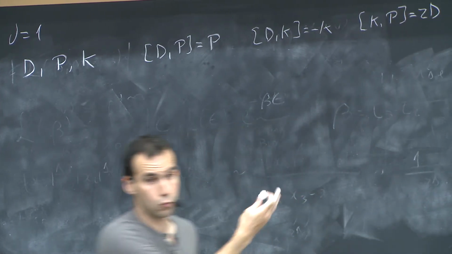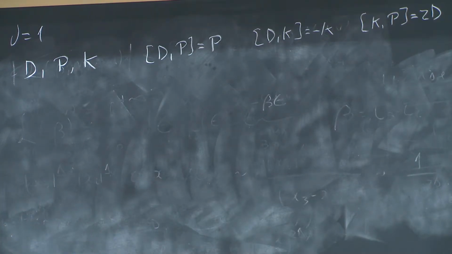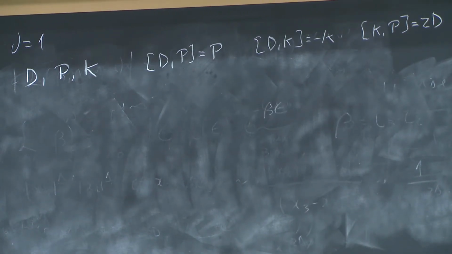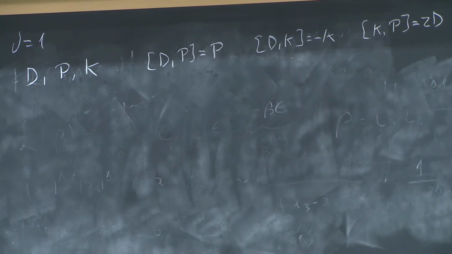So this is SL2R, the algebra of SL2R. The conformal group in one dimension is just SL2R, which is SO(1,2).